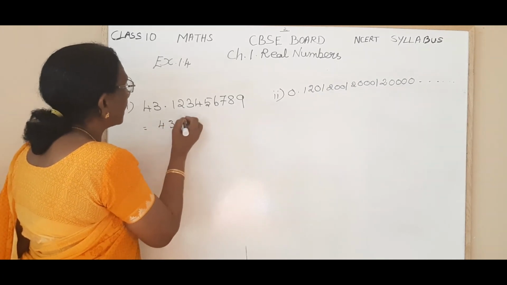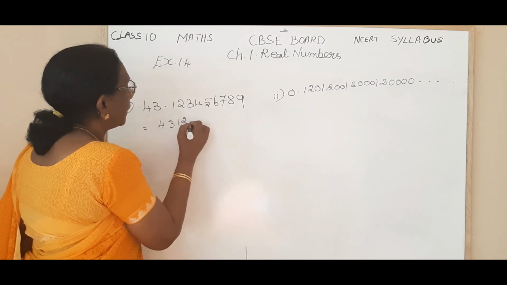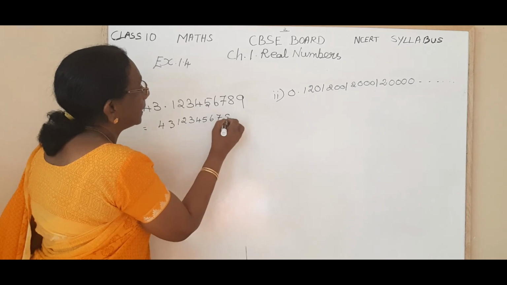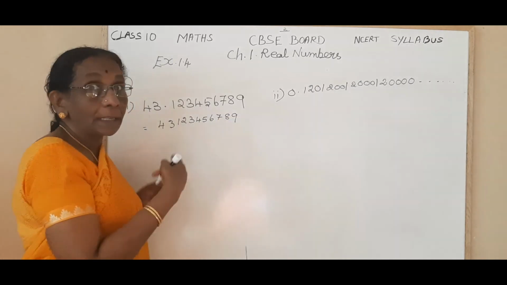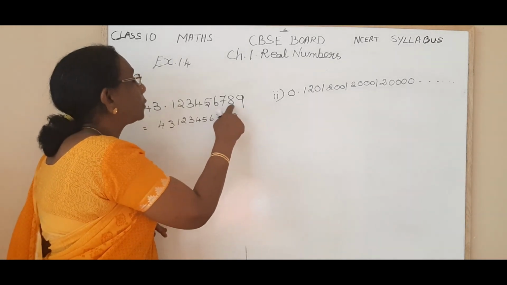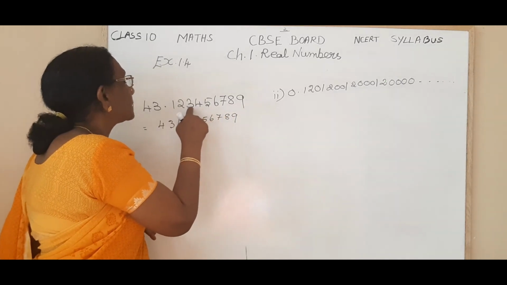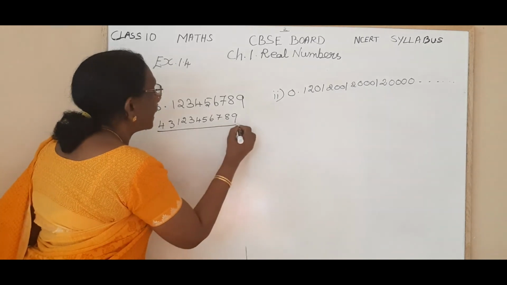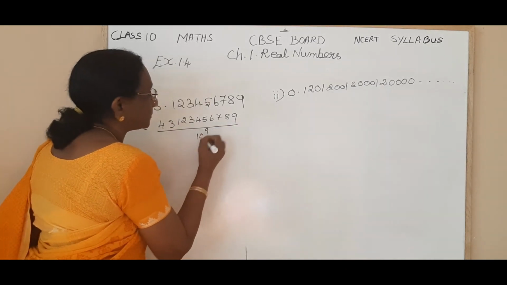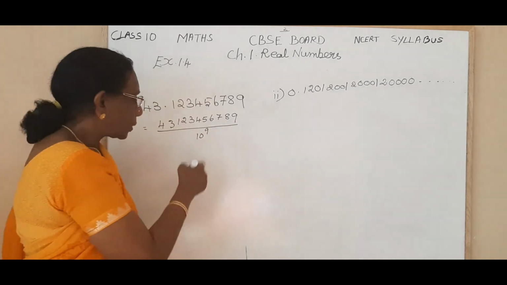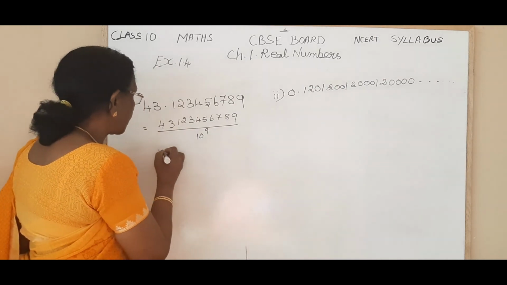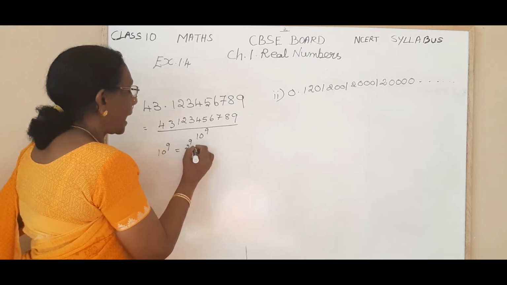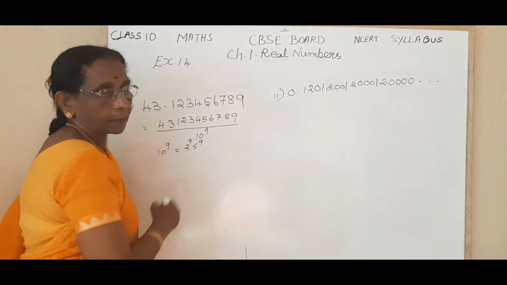How many decimal places are there? 1, 2, 3, 4, 5, 6, 7, 8, 9 decimal places. So what should be the power? 10 to the power 9. So what are the prime factors of 10 to the power 9? 2 to the power 9 and 5 to the power 9.